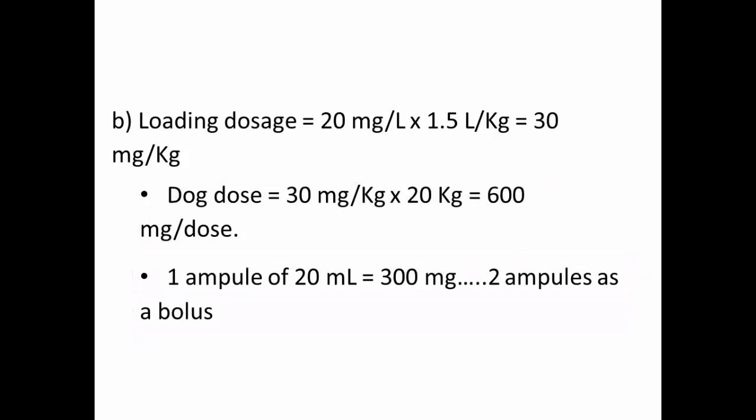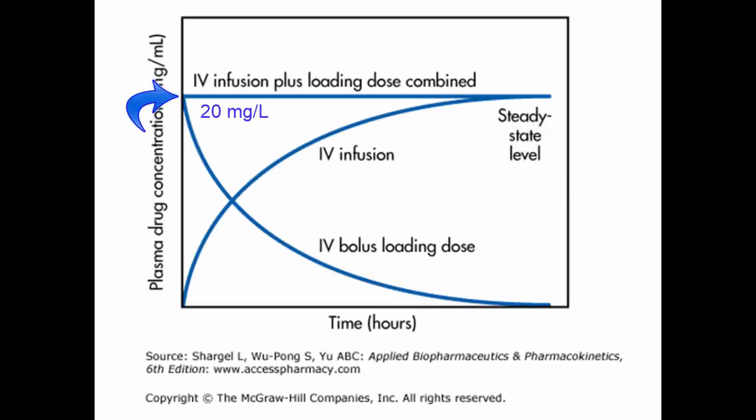So basically the loading dose will put us right away at the 20 milligram per liter mark, and then we continue with the constant rate of infusion, which is going to maintain the concentrations steady because the amount of the drug which will be going in will basically be similar to the one leaving the body.